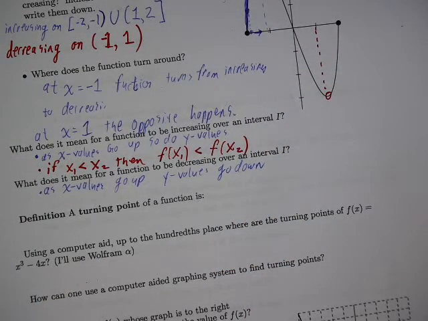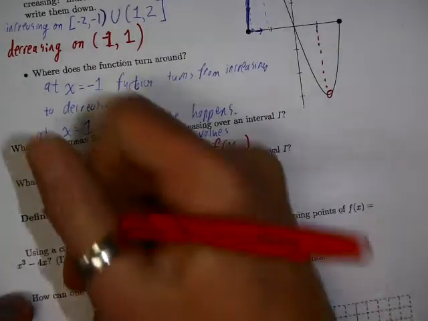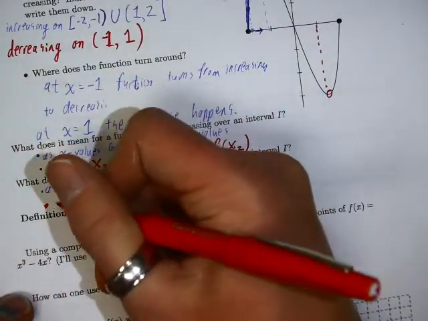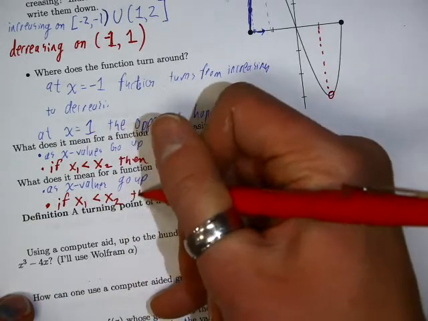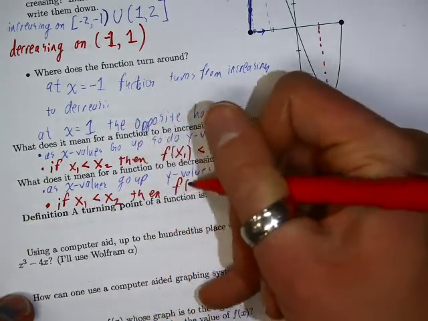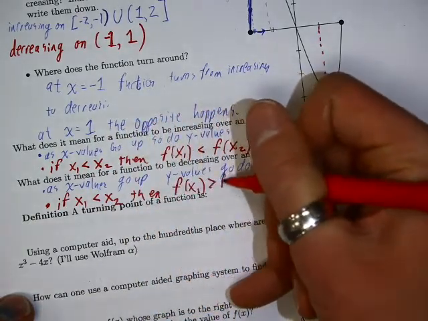That seem reasonable? If you have an increasing function and you have two inputs where one of them is bigger than the other, then the outputs are going to satisfy the same inequality. If you have a decreasing function, then you can write it the same way. If x1 is less than x2, then f of x1 is greater than f of x2.